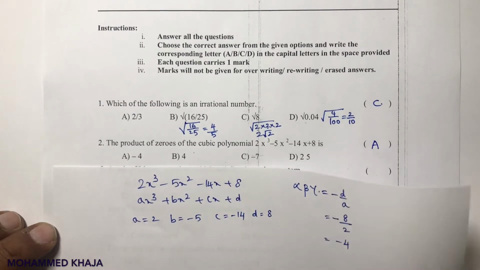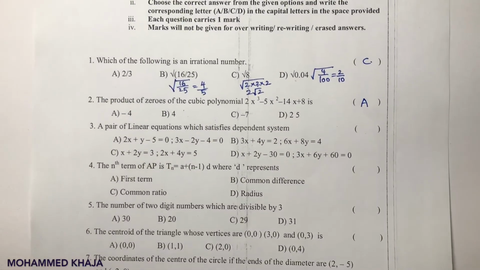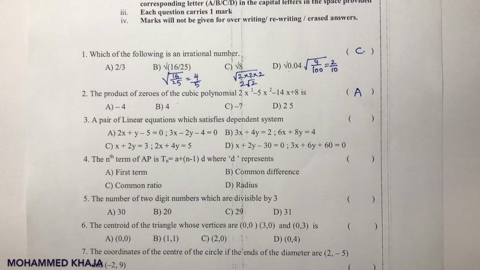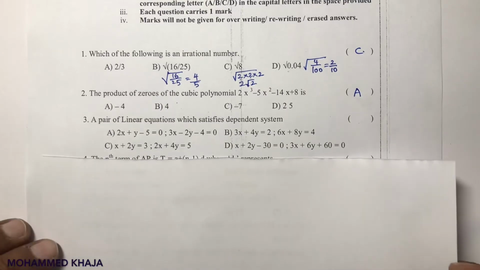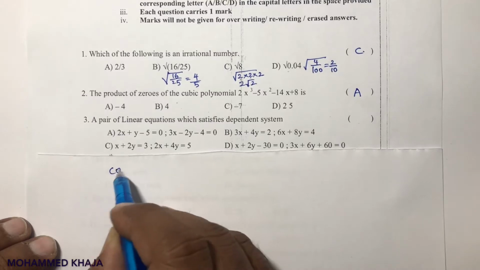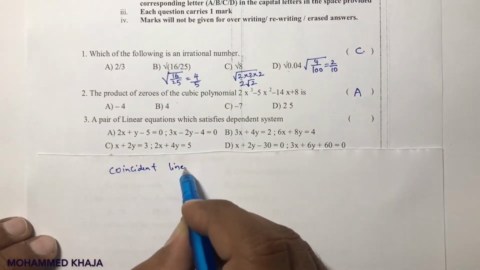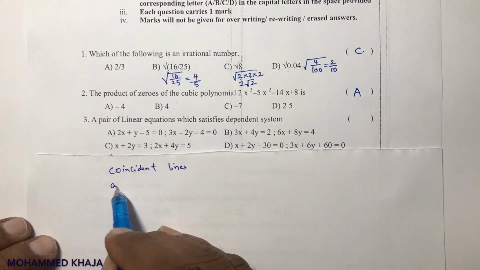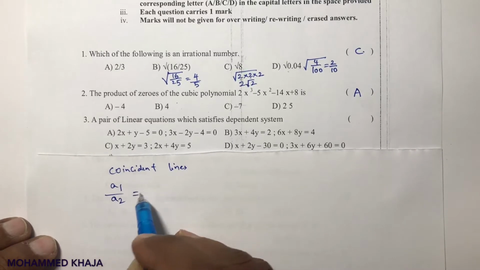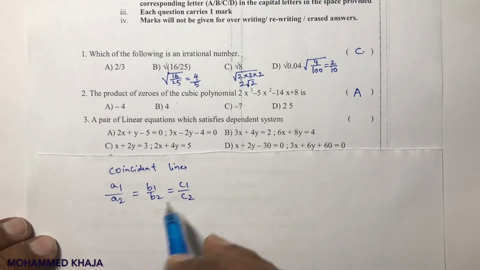Next question. A pair of linear equations which satisfies a dependent system of equations. Dependent is nothing but coincident lines. Coincident lines are called dependent lines. So the condition for coincident is a1 by a2 equals b1 by b2 and that should be equal to c1 by c2.